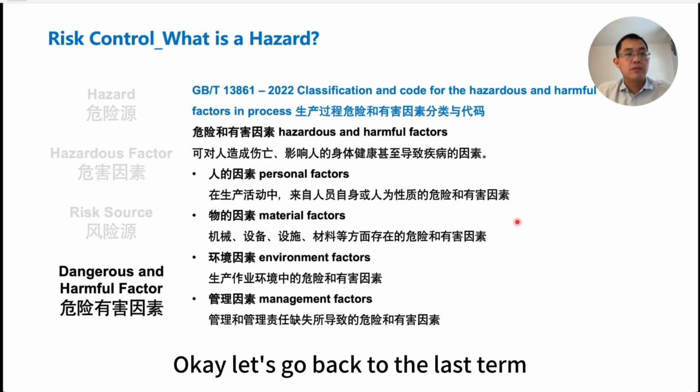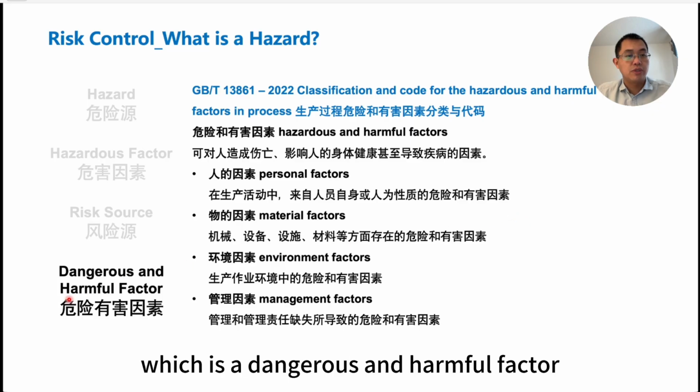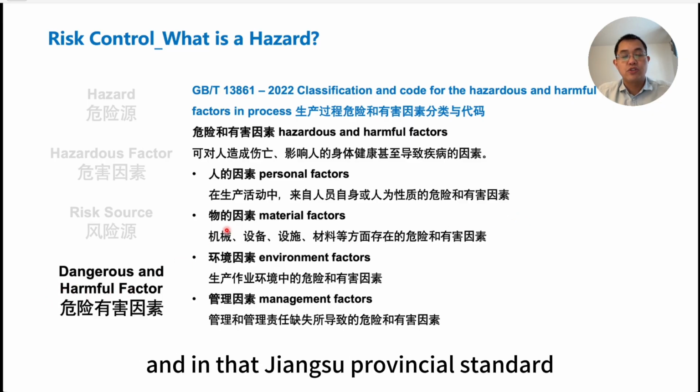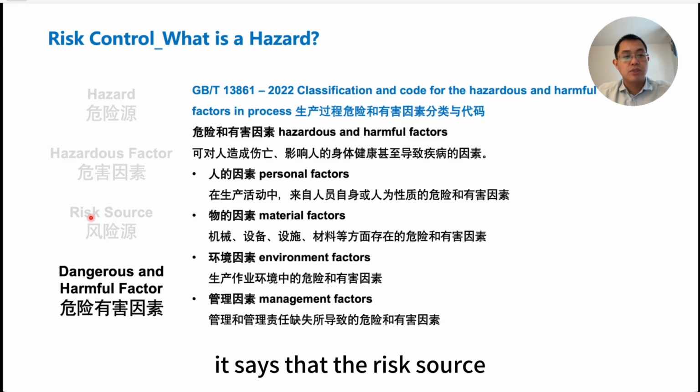Okay, let's go back to the last term, which is dangerous and harmful factor. In that Jiangsu provincial standard, it says that the risk source is a dangerous and harmful factor. So what exactly does this term mean? In GB/T 13861 there is a definition.